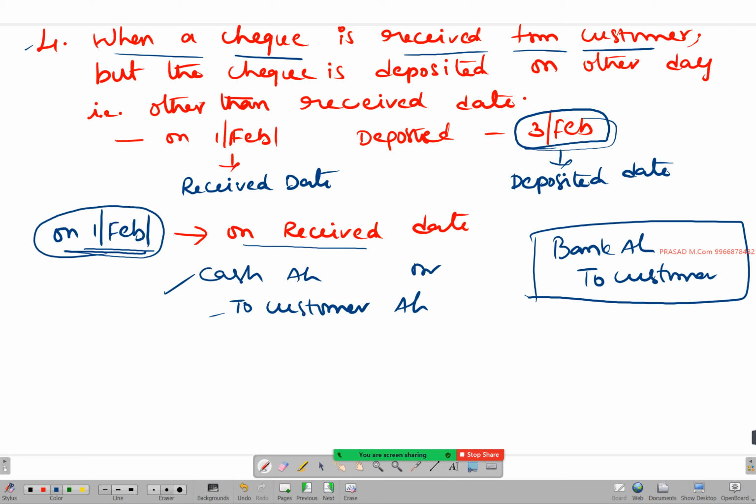So whenever the check is deposited into the bank, on that day only we have to record the transaction that happens in the bank.